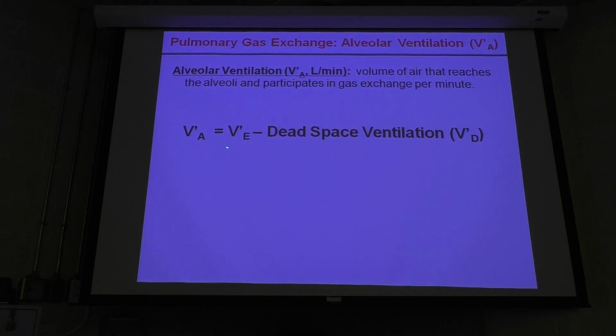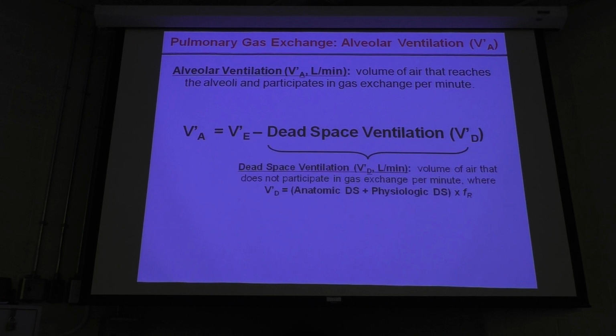So the alveolar ventilation is equal to the minute ventilation minus the dead space ventilation. We know that minute ventilation is the product of tidal volume and breathing frequency, but the dead space ventilation, again, this is a rate, okay?